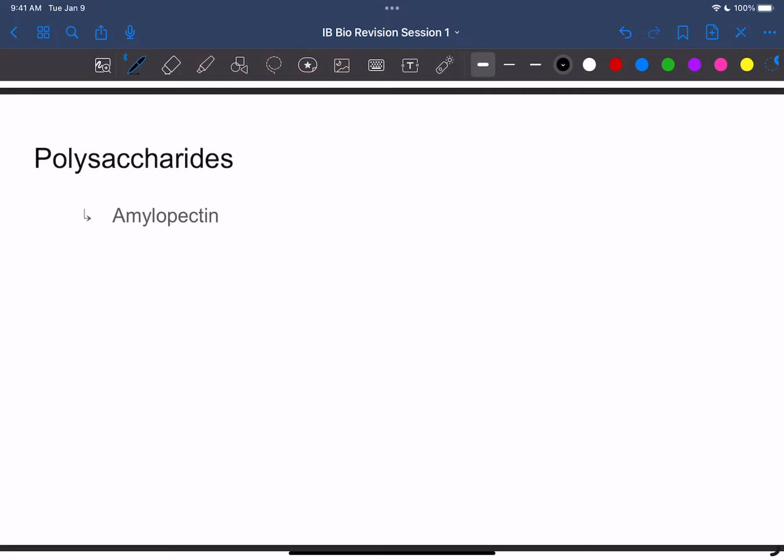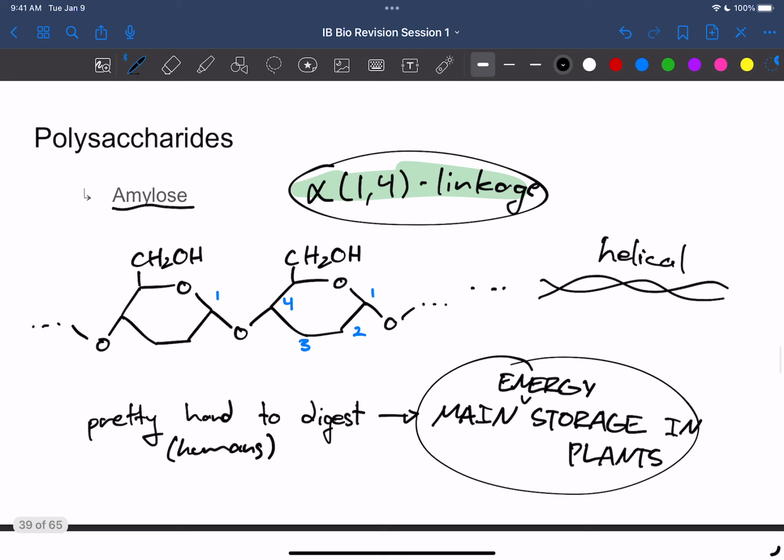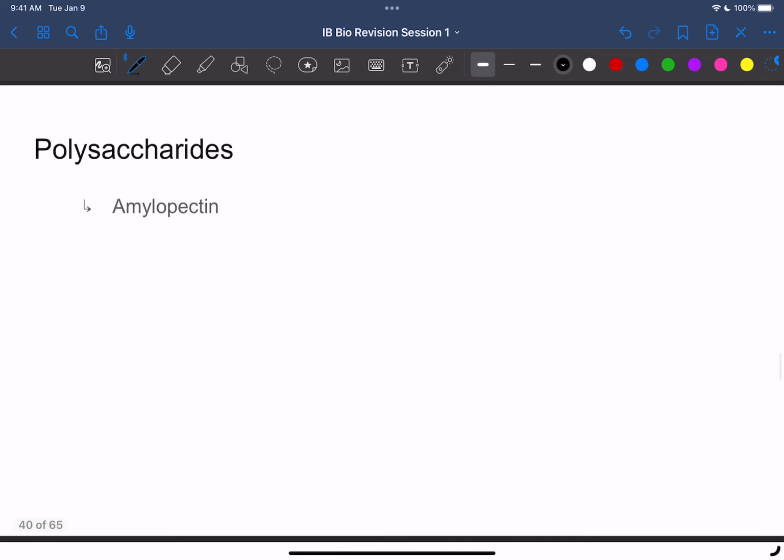Next, we're going to get into amylopectin. And before I do, this is unbranched. And amylopectin is very similar, but this time it's branched. Crazy. And it looks very similar to amylose.